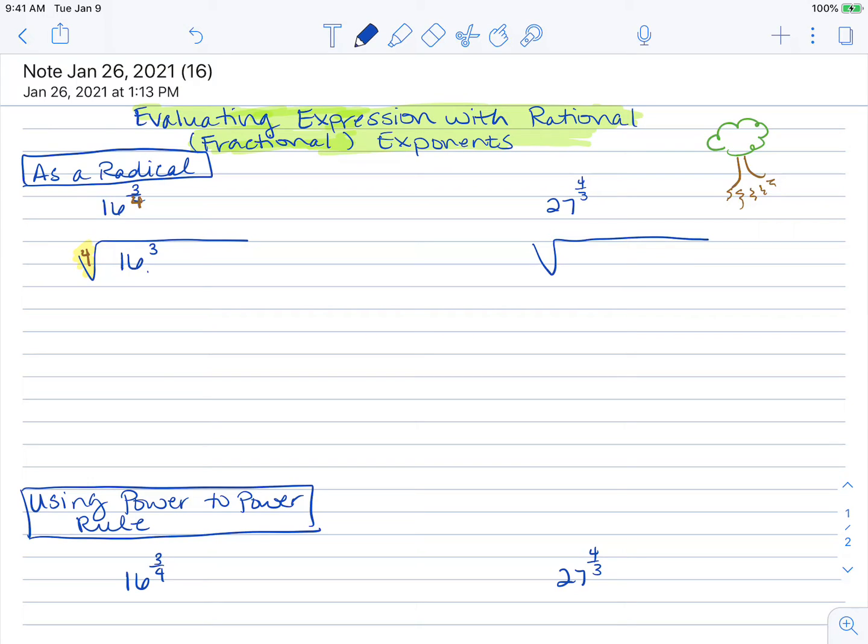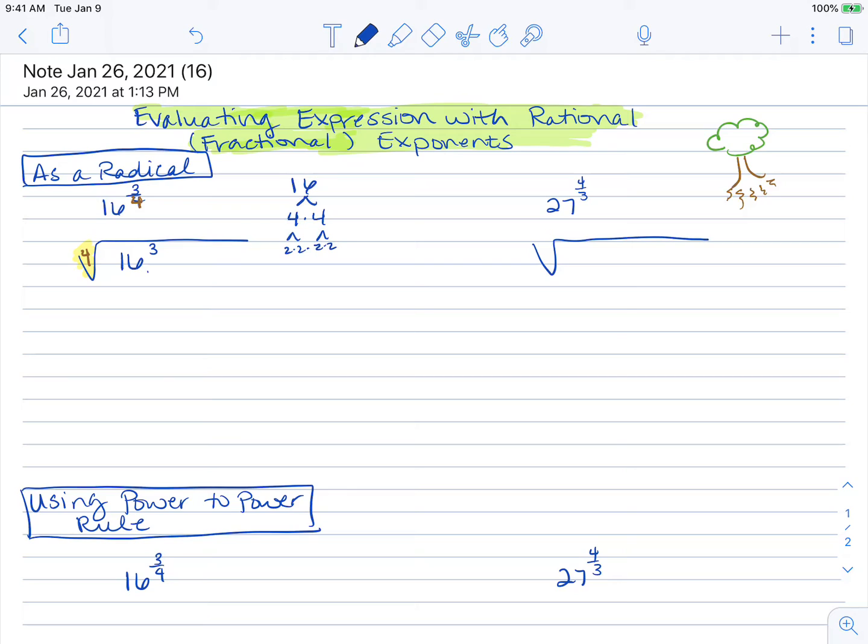Okay. Well, I can look at that and say I can factor my 16 and think about it in terms of a common base. So why don't I do this and say, well, I want to know what 16 factors to, and it factors to 4 times 4, which can factor further to 2 times 2, and then 2 times 2.